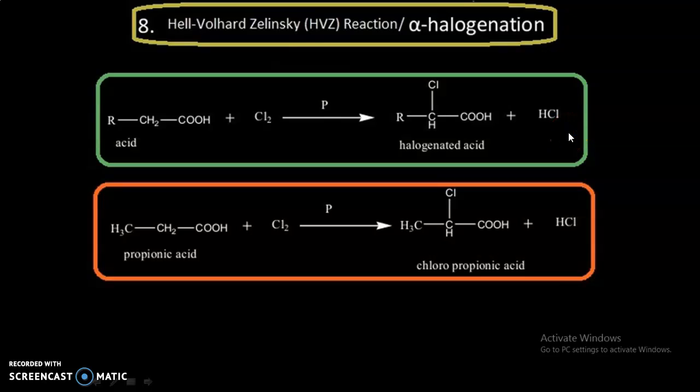For example, propionic acid when treated with chlorine in the presence of phosphorus forms chloropropionic acid, which means the acid is substituted at the alpha position.